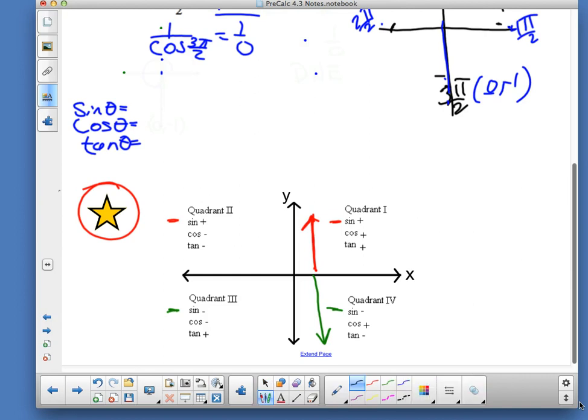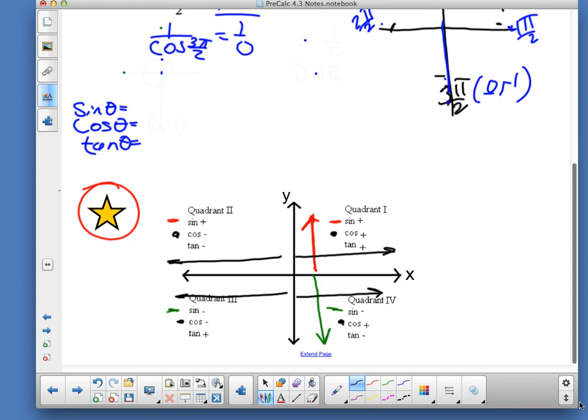If I'm talking about cosine, cosines in quadrants 1 and 4 are positive because I'm going out from the axis to the right. Cosines in quadrants 2 and 3 have to be negative because I'm going to the left, this way. Are you okay with that?